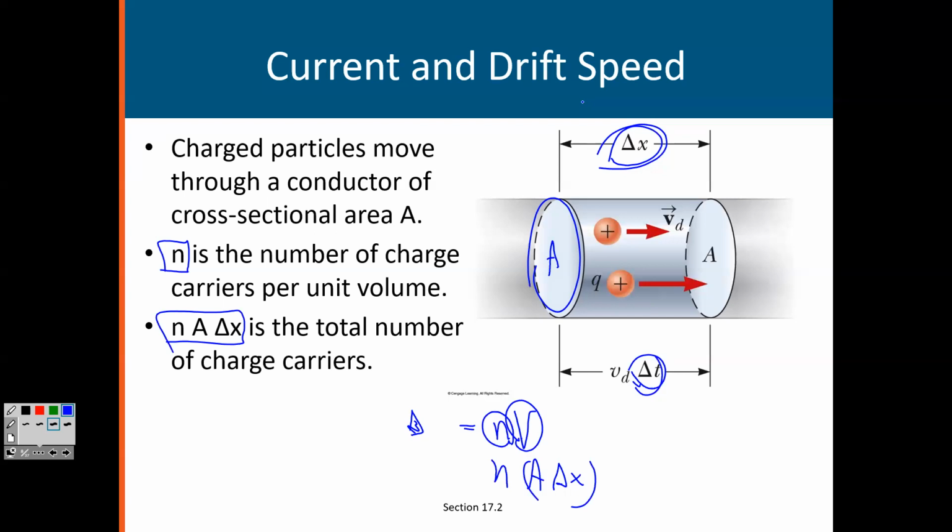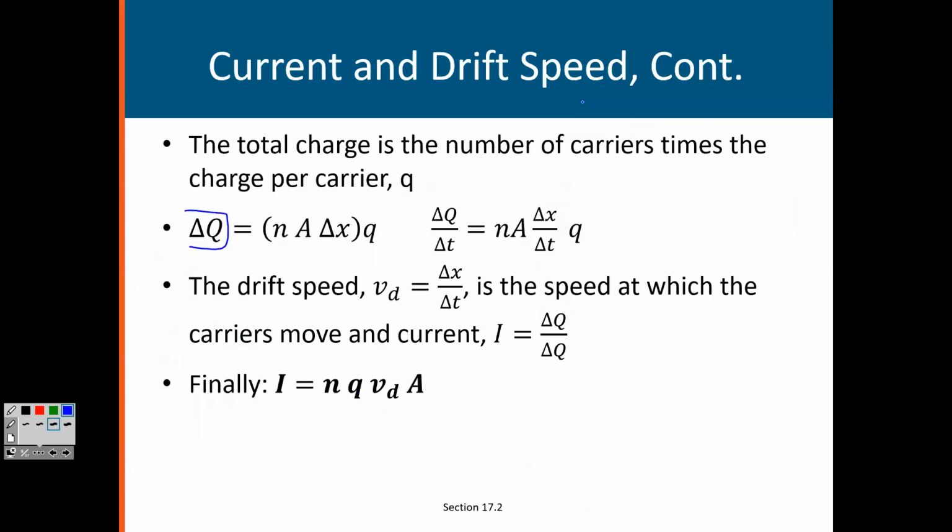Now, if I multiply this n A delta x by the charge of one charge carrier, let Q be the charge of one charge carrier, you get the total amount of charge, because one charge carrier has Q amount of charge. So Q times the number of charge carriers will give you the total charge. Let me call it delta Q.